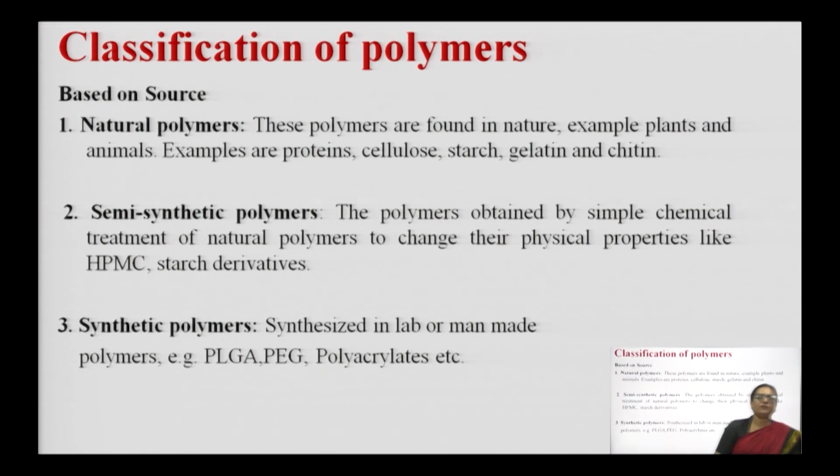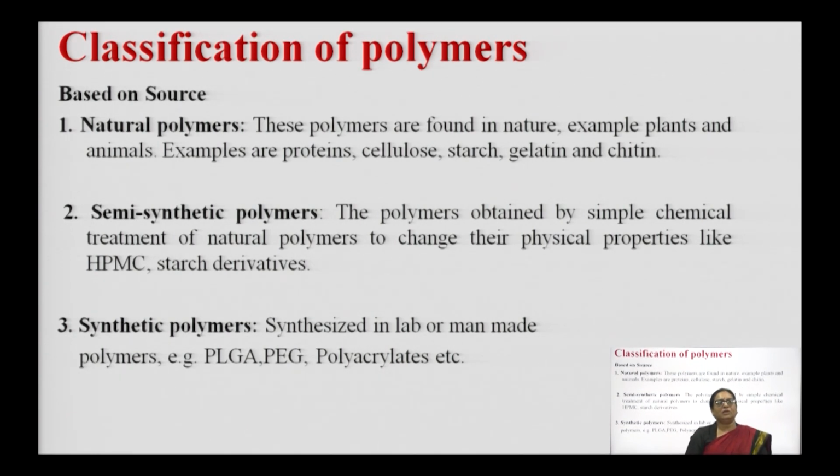There are several bases of classifying the polymers. The first type of classification is based on source or origin. Based on source, these polymers can be classified as natural polymers, semi-synthetic polymers and synthetic polymers.